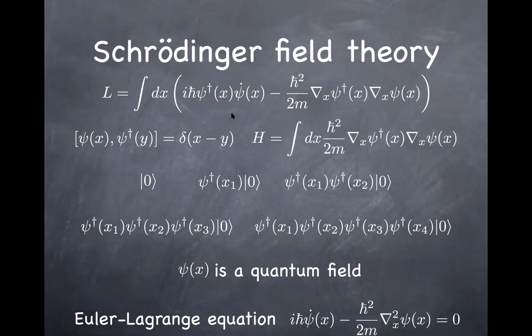For example, in classical Lagrangian mechanics, you'd have the derivative of the Lagrangian with respect to q times the variation in q, plus the derivative of the Lagrangian with respect to q dot times the variation. So here we would perform the same thing, but with q replaced with either psi or psi dagger. That's right. That's exactly the same idea.